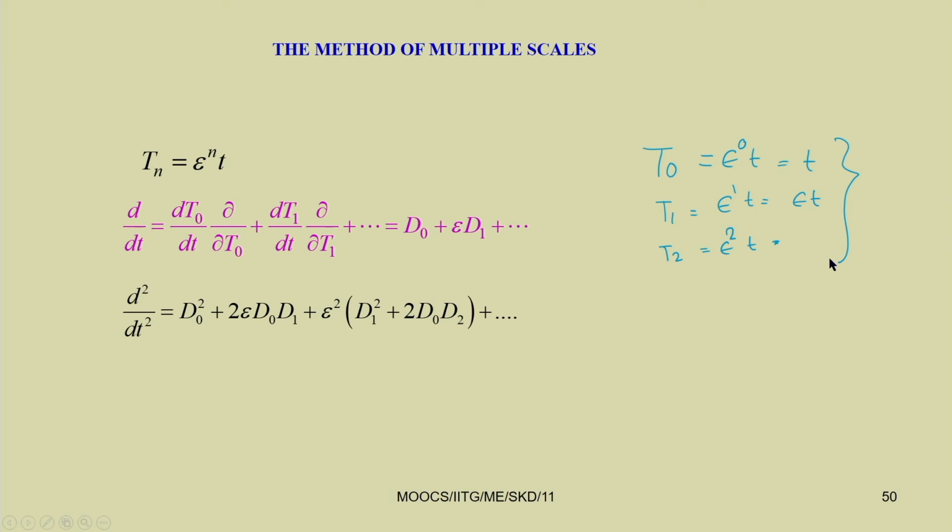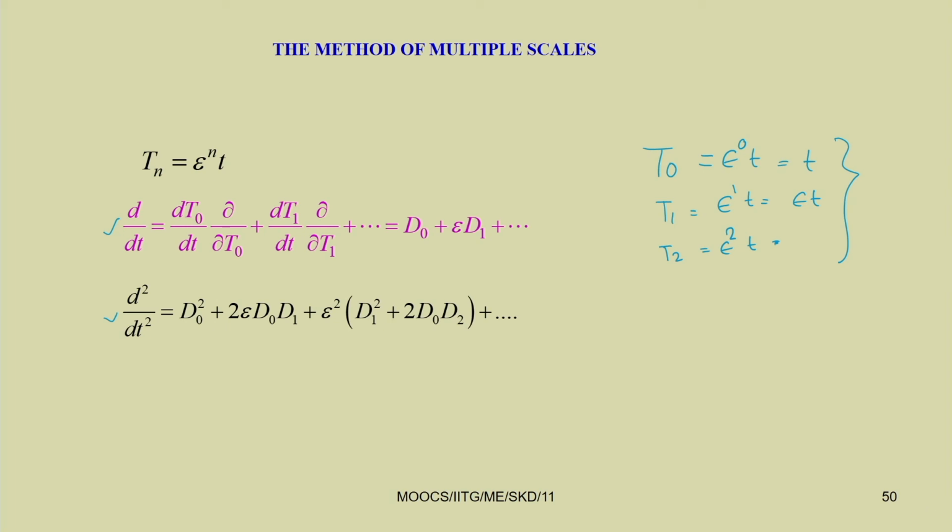By using different time scales like T 0, T 1, T 2, similar to our hour hand, minute hand and second hand, we can write down the first derivative and second derivative and substitute all those things in the governing equation of motion, also expanding the primary variable.